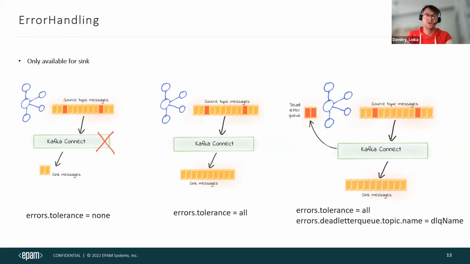I think in most cases this behavior is more suitable because you don't miss information about the failed message and can create some error hospital and reprocess this message when you understand what happened and what's wrong with it.